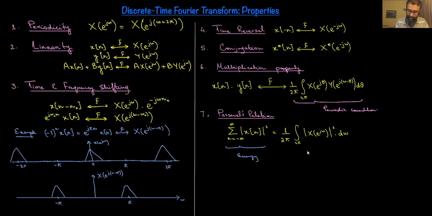And that's why, because I obtain the energy by integrating this in the frequency, this times the frequency gives me a unit of energy. That's why this term here, the absolute square of X of e raised to power j omega, is also sometimes called the energy spectrum density.